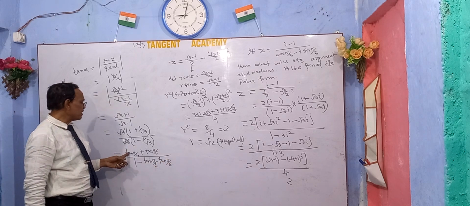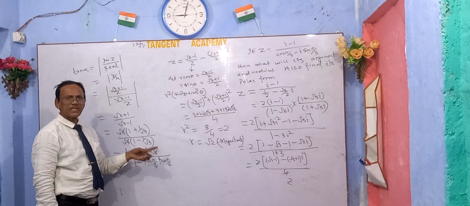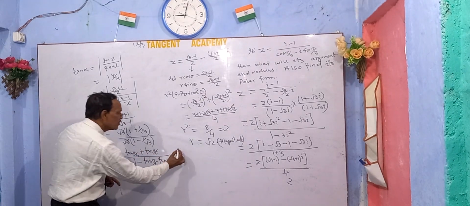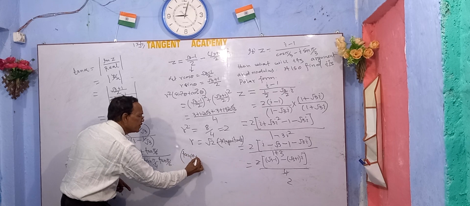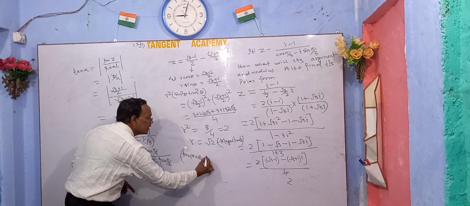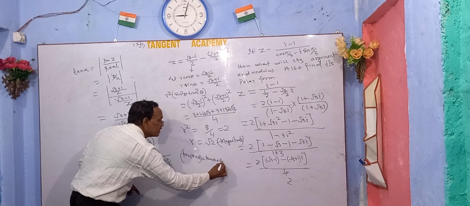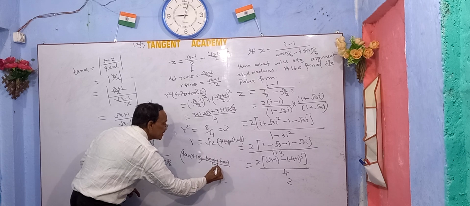This is nothing but tan(a plus b) is equal to (tan a plus tan b) divided by (1 minus tan a into tan b). We know the formula.